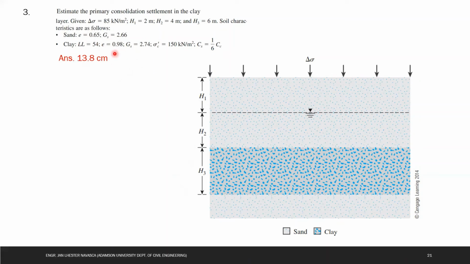So use again the assumption of Skempton's equation for undisturbed soil. Okay, so that is how to get your compression index. Then for the answer, that is 13.8 centimeters or approximately 138 millimeters.